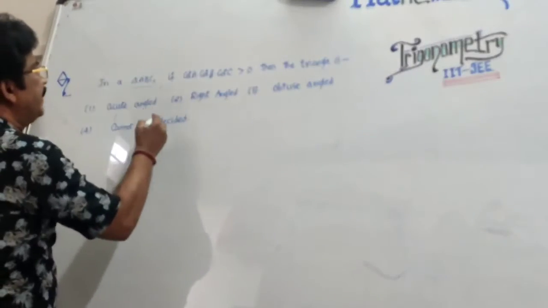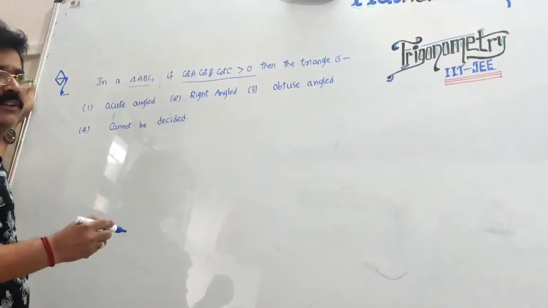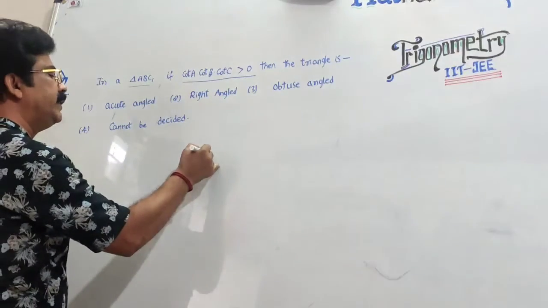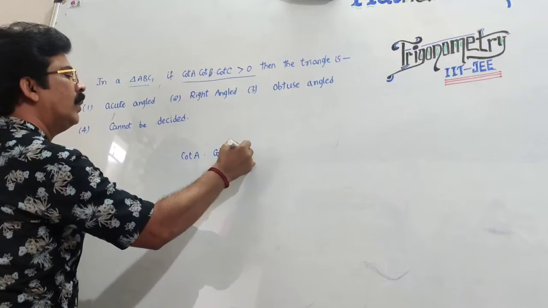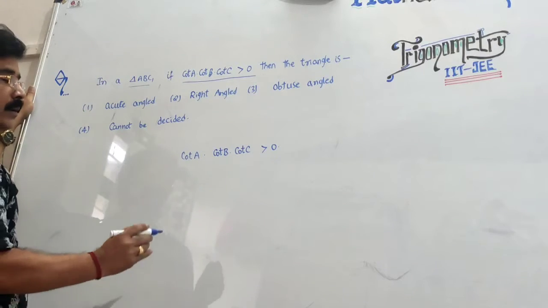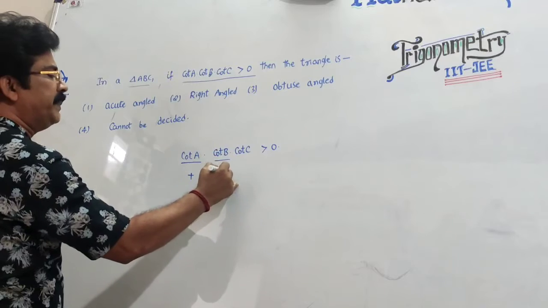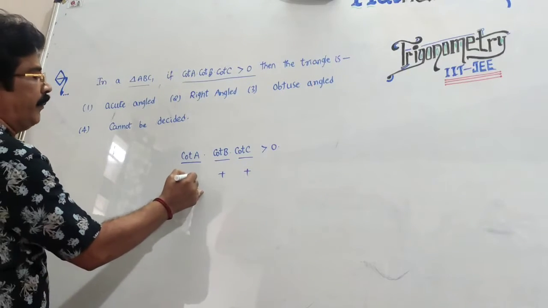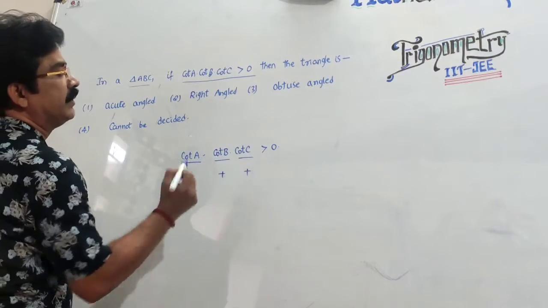In a triangle ABC, cot A into cot B into cot C is positive. Take the condition that cot A into cot B into cot C is positive. Then plus into plus, plus into plus, positive.